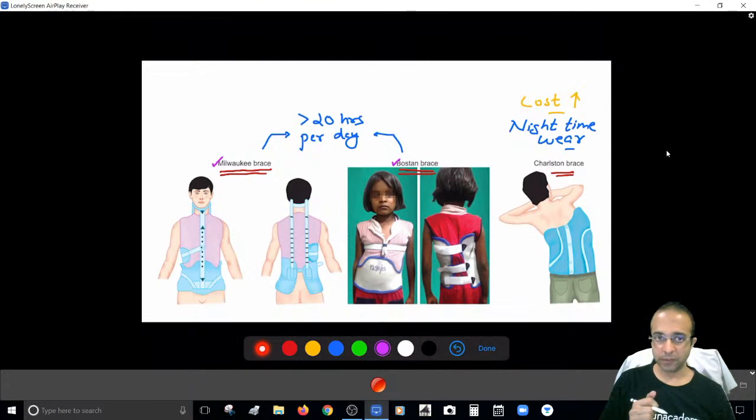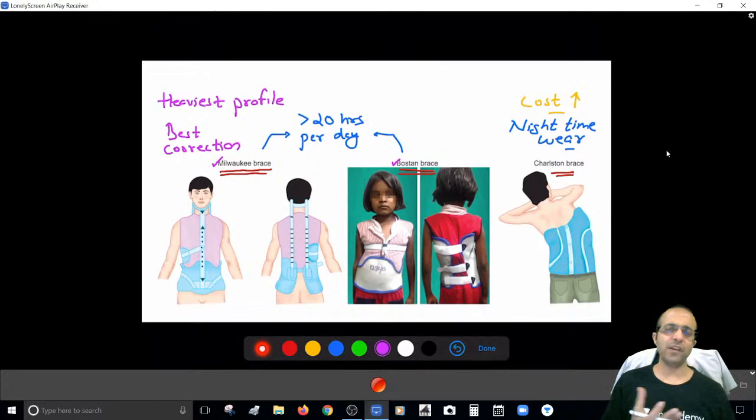Now the advantage with this Milwaukee brace is that it's going to offer to you the best correction. And the reason is very simple, because it's carrying the heaviest profile. So if something carries the heaviest profile, it's going to offer to you the best correction. See here, it's extending to the neck.